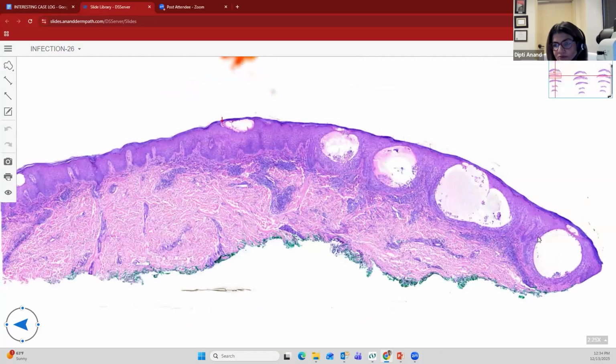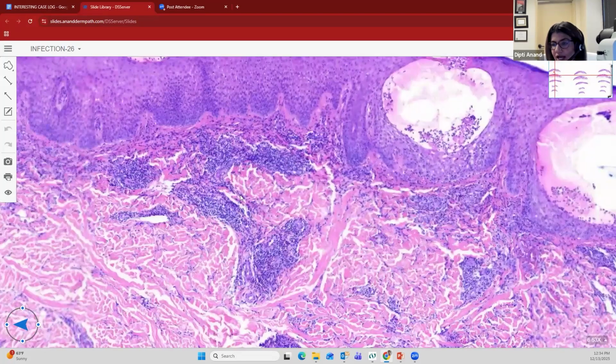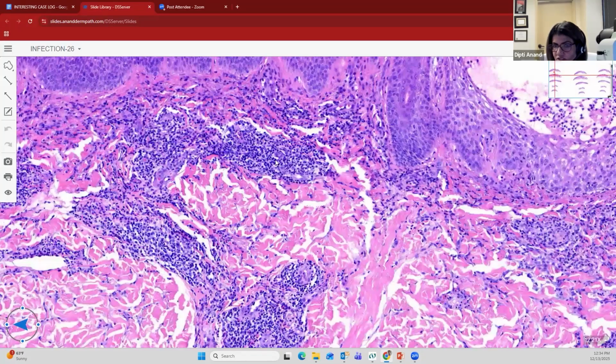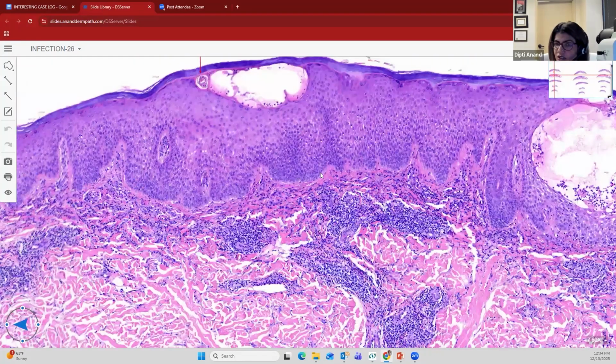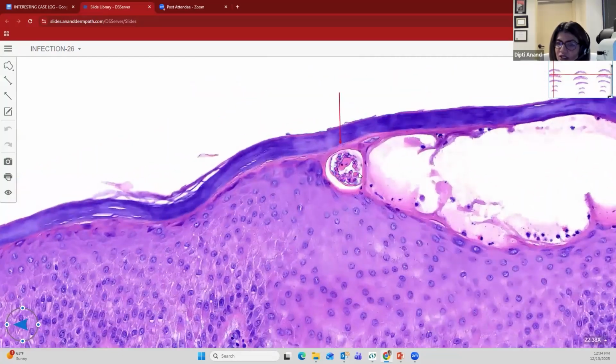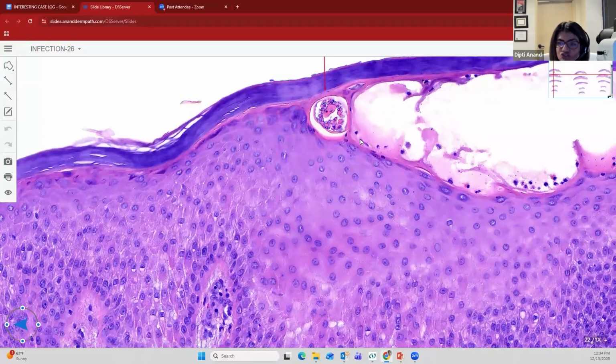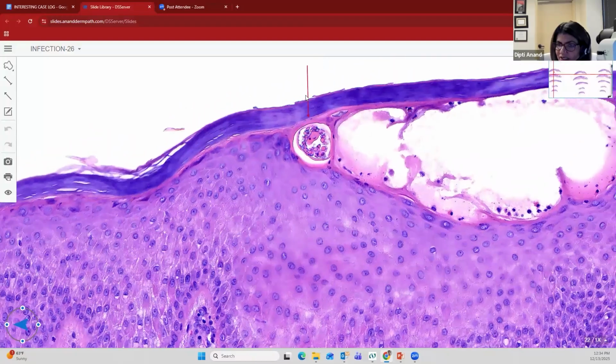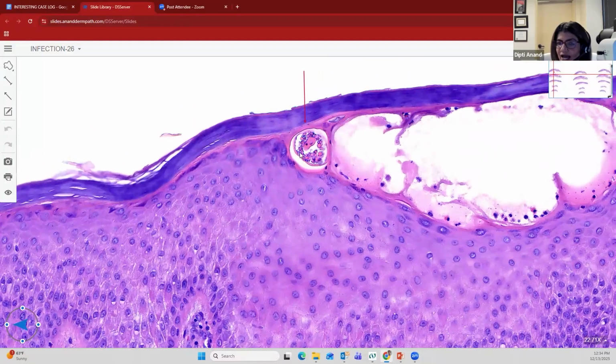Here you see that the biopsy on low power really looks like dyshidrosis, dyshidrotic eczema. When you go up on high power, there are a ton of eosinophils in the biopsy. So this is how even scabies can look. The location for cutaneous larva migrans, even though the organism can look very much like scabies, is different. It penetrates through the stratum corneum and is located in the superficial stratum spinosum.